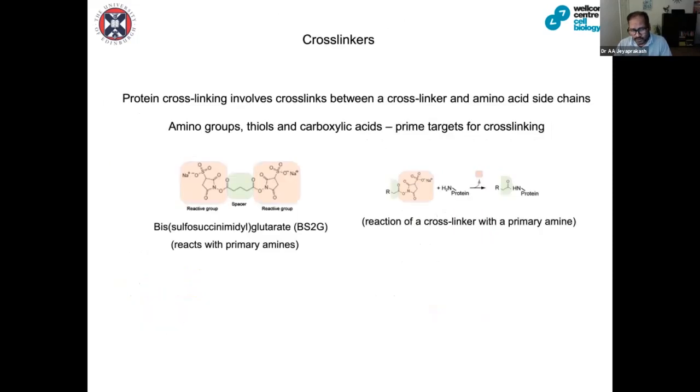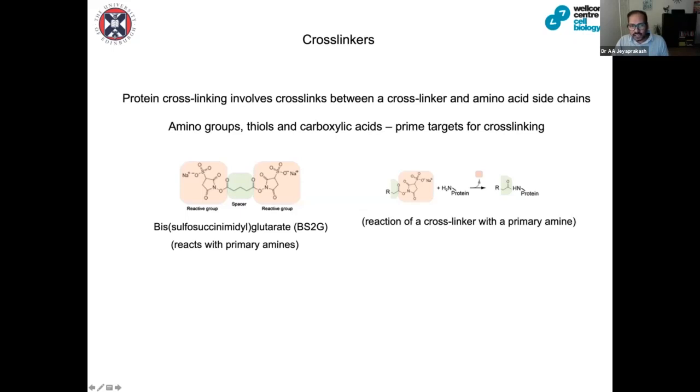So as far as cross-linking is concerned, protein cross-linking involves cross-links between a cross-linker and amino acid side chains. The reactivity of amino groups, thiols, and carboxylic acids of amino acids make these groups prime targets for cross-linking. What you see here is the structure of a typical chemical cross-linker. The cross-linkers have at least two reactive groups separated by a spacer.